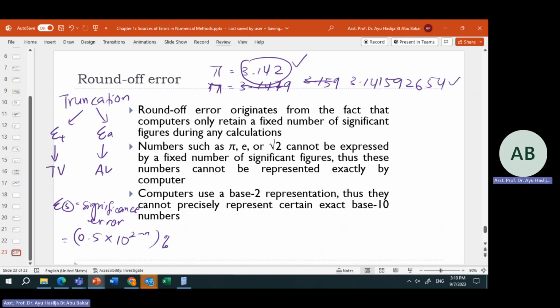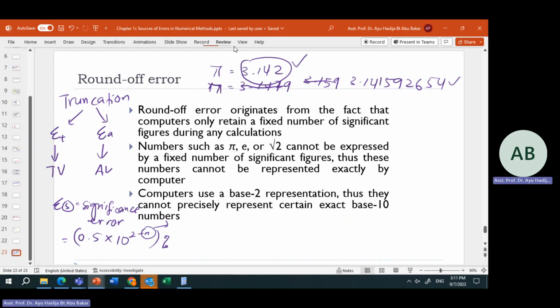If it is not given, you should know what your significant figure is, then only you can calculate. Otherwise, the question will just directly give you the ES. This error calculation you will be using in all of your calculations later on. Any question for topic 1? Intro to error only.